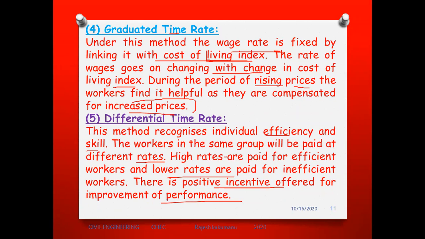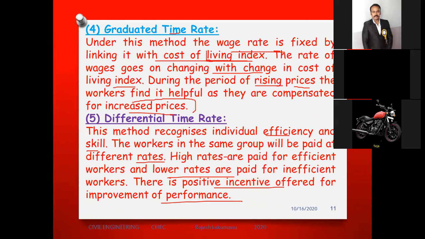So for example, in your class, 15 members got a placement and you are doing a job in some place. So for the 15 members the rank is the same. Rank means the position. Let us say all are sales executives or all are management trainees. So you are doing the same work, but what is the condition here? Differential time rate. Those who are doing work regularly or efficiently based upon their skill, we will give high rates. That day itself we give higher salary. Those who are doing the lower rate of jobs will be paid less salary. So they will give that type of differential time rate system.